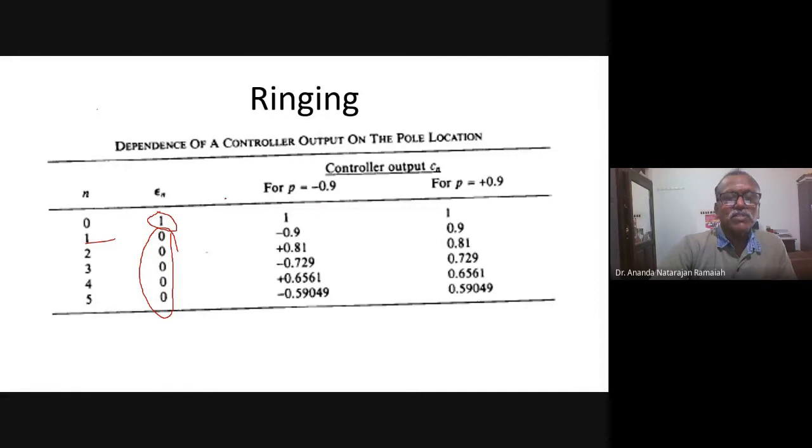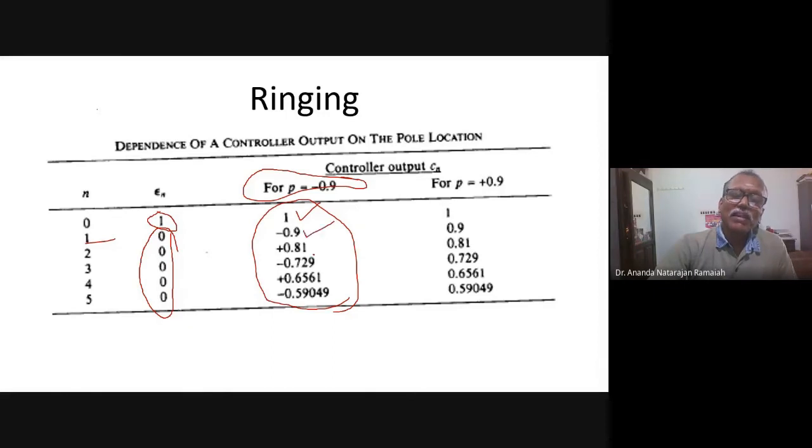But what happens to the controller output if P is negative? If P is negative, 1, minus 0.9, plus 0.8, minus 0.7, plus 0.6, minus 0.5. Like that, the controller output is oscillating between positive and negative, but it is decreasing. Stable controller, that's why decreasing.